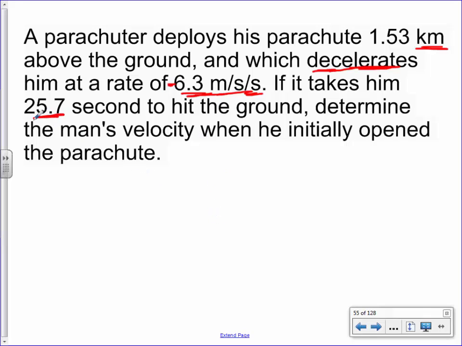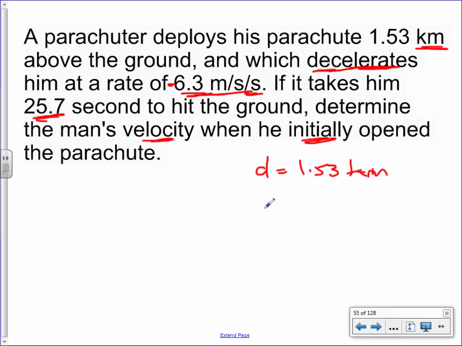We also have a time. Time is 25 seconds. This time around, we're looking for a velocity, but we're looking for an initial velocity. So you don't have to do this, but I always recommend, once it starts getting more complex, write down what you have. You have a distance of 1.53 kilometers.